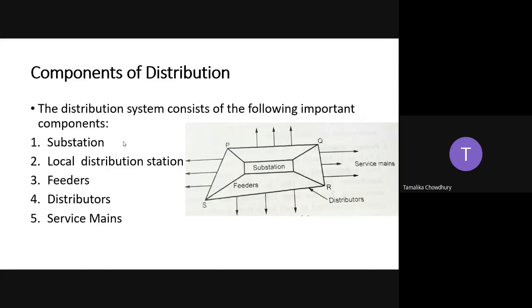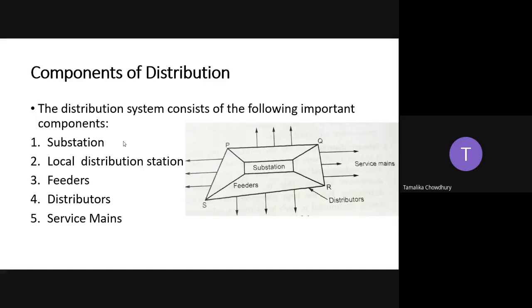So you see, we all know that transmission takes place. After transmission, the voltage is stepped down using transformers, and it goes to the distribution level. Substation. So substation is the first part. If you see the diagram, I hope you can all see the diagram. There, the innermost part is the substation. Then, as you move towards the periphery, you get the feeders.